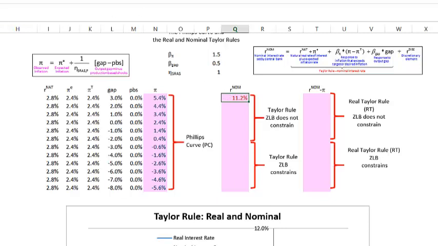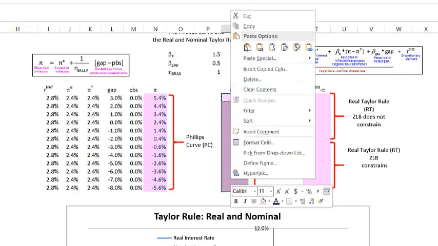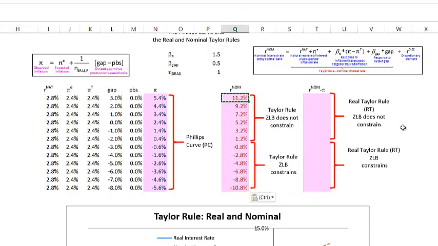So now let's just make sure that we've nailed down the coefficients, and what we can do now is copy this in, and you'll see that as the gap goes down and the inflation rate goes down, the Taylor rule interest rate, the interest rate that is prescribed by the Taylor rule for the central bank to follow, goes down and down and down.